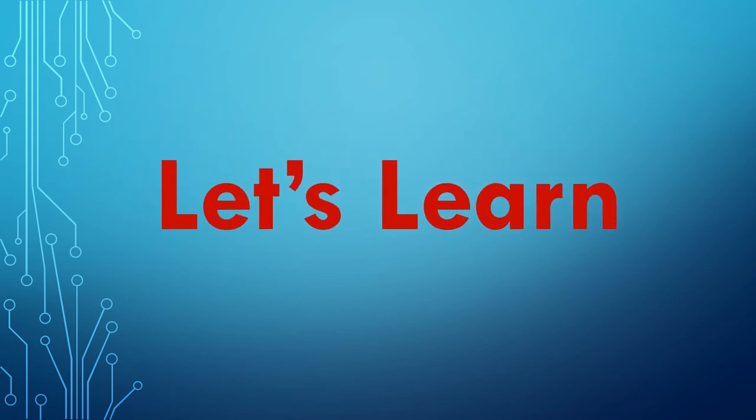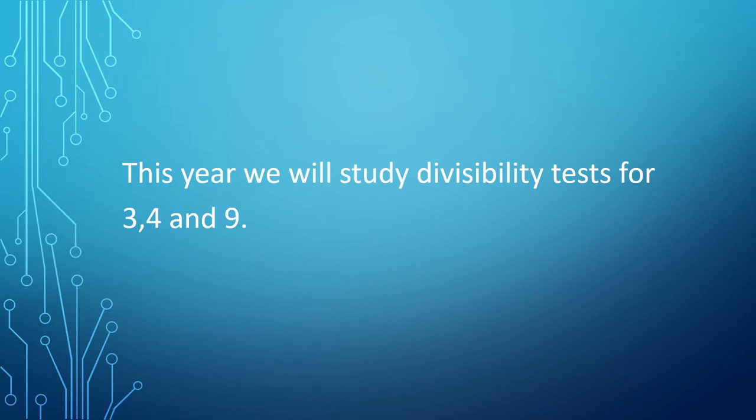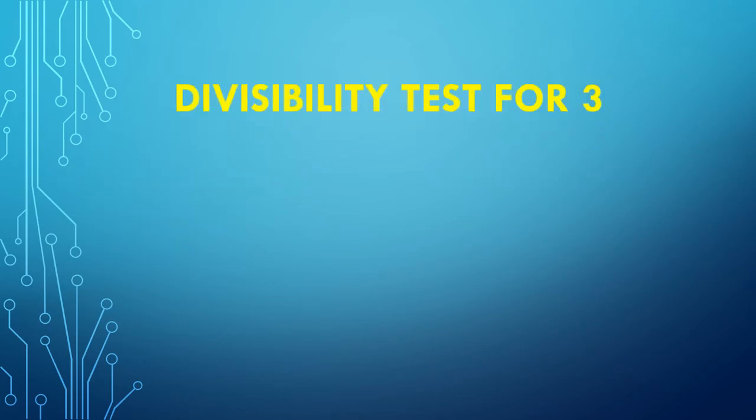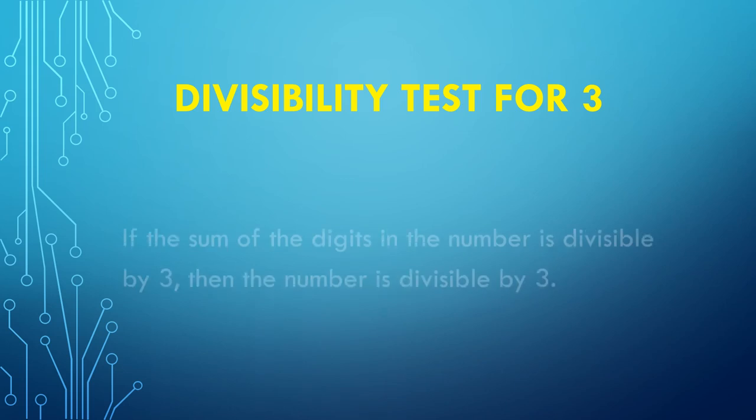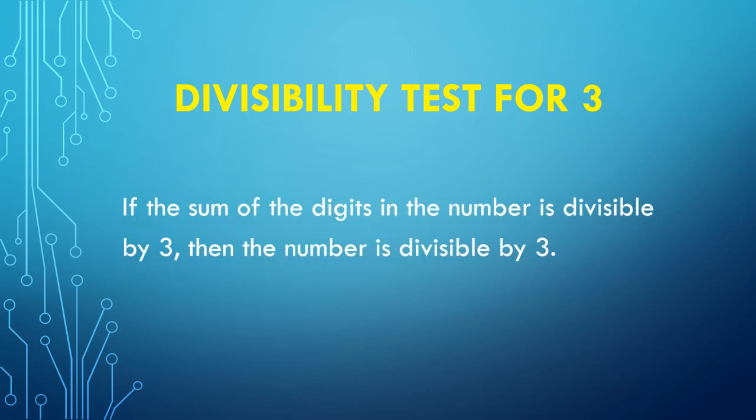Let's learn. This year we will study the divisibility test for 3, 4 and 9. Divisibility test for 3. If the sum of the digits in the number is divisible by 3, then the given number is divisible by 3.